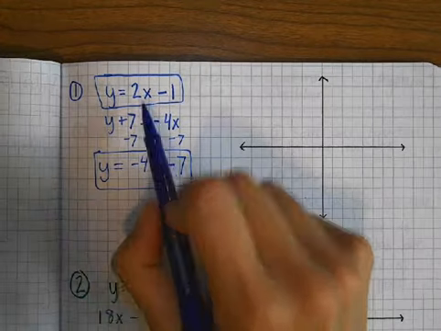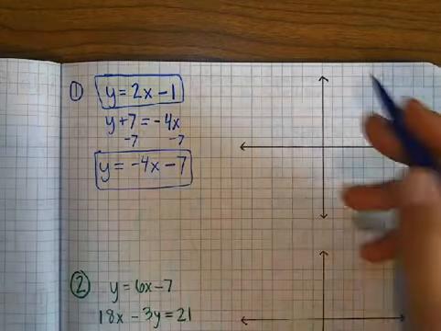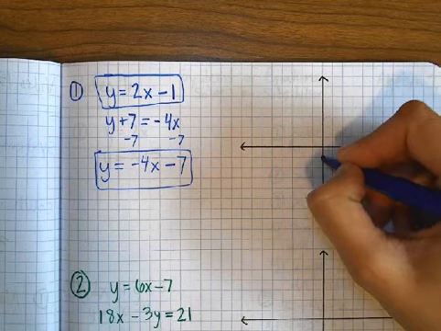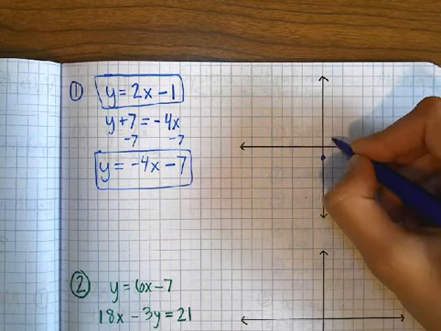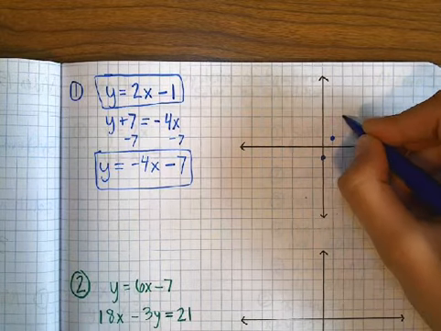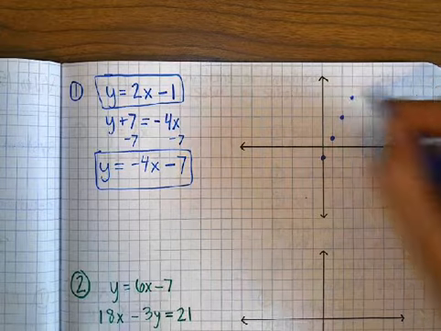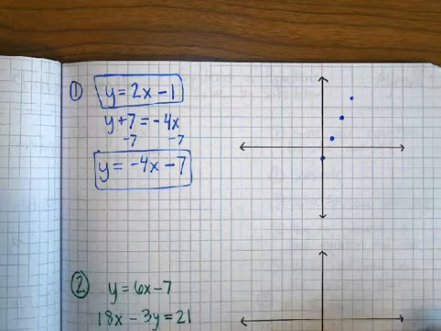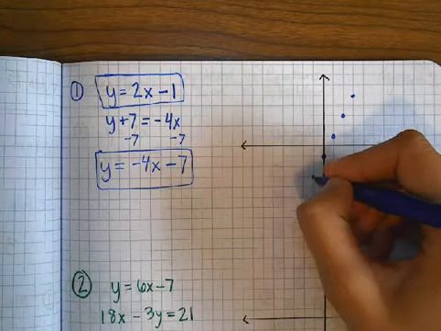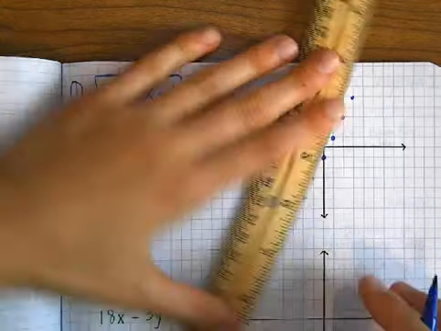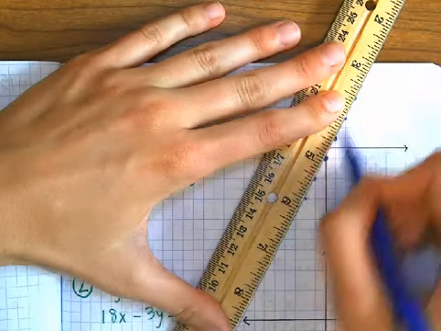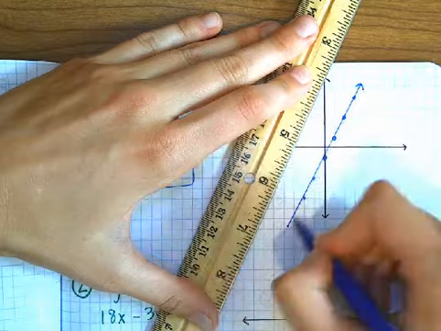All right, so let's graph this first equation. My y-intercept is at negative 1, and I'm going to go up 2 over 1, up 2 over 1. Let's do a couple on this side too. So I've got my first line.